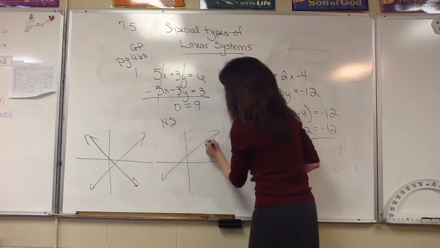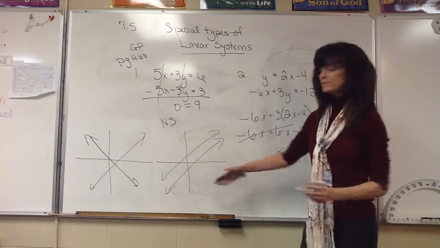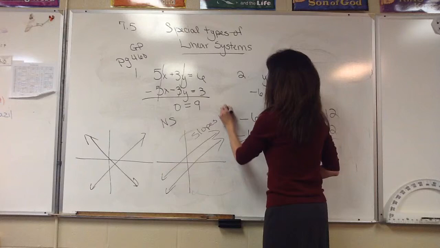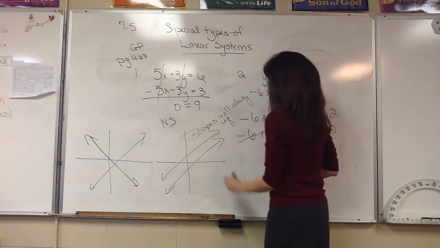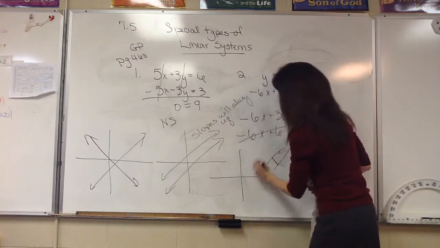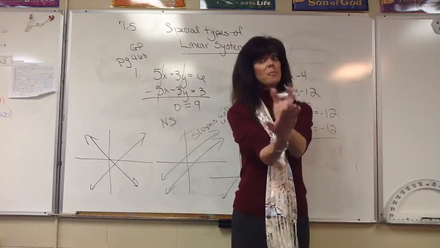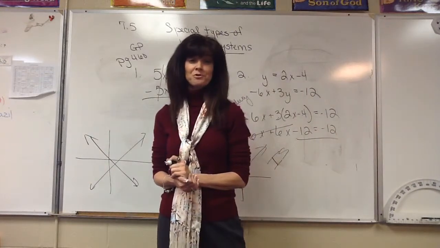Their slopes, if we put them into y-intercept form, will always be the same. And then of course with an infinite number of solutions, we just have one line, because the lines lie on top of each other. They are the same line, so we'll have an infinite number of solutions.